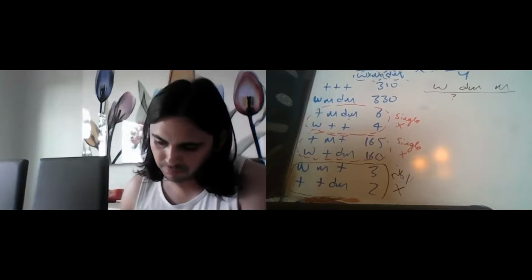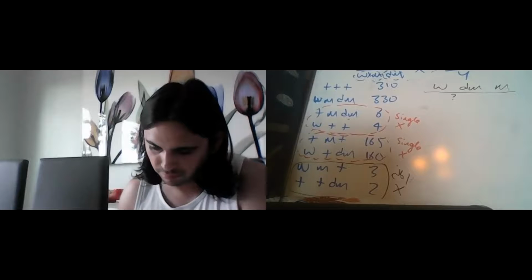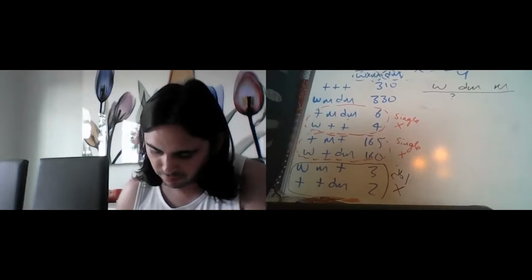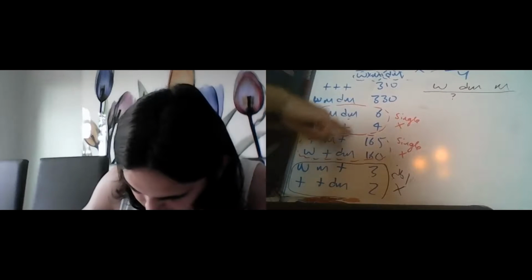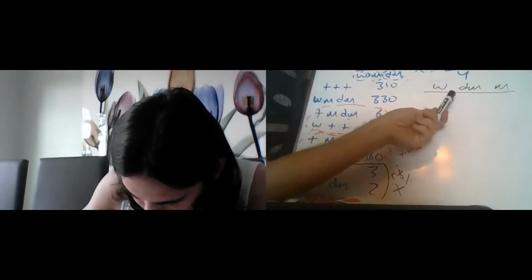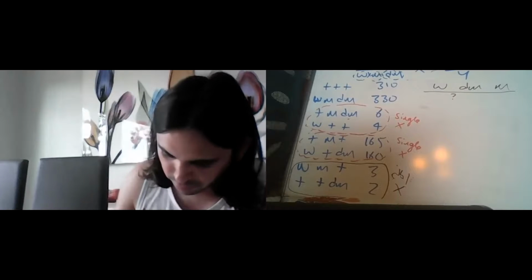Okay, so what's the distance between W and DM? Which of these single crossovers results from a crossover event between W and DM? Basically you're looking for W on its own. Actually, let's number these.